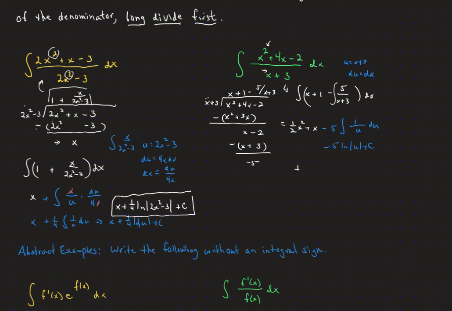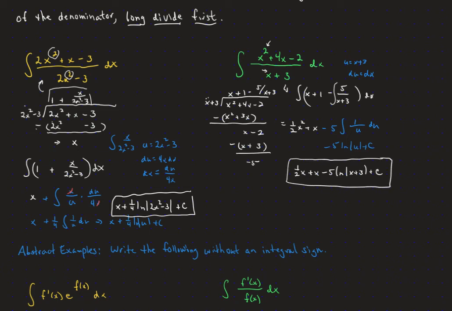And so our final answer is going to be 1/2 x squared plus x minus 5 natural log of, and we said our u was the x plus 3, and then our constant of integration. And there we have it.